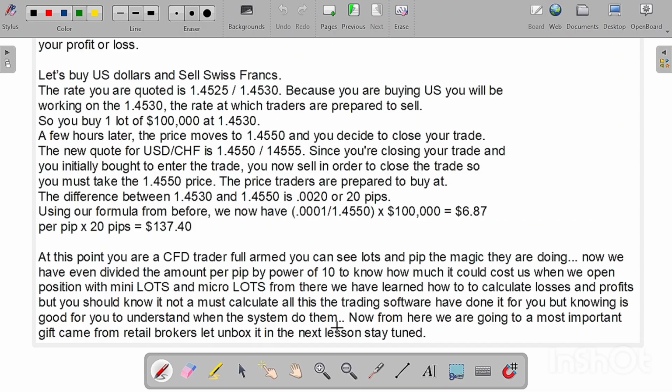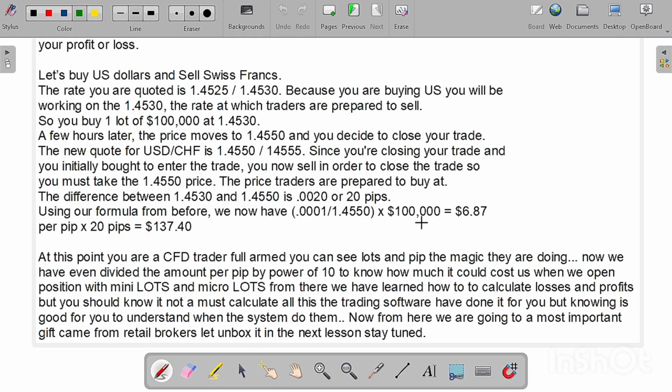Now from here we are going to the most important gift that came from the little brokers. Let's unbox it in the next lesson, and stay tuned. My friend, now we have joined the pips and the lots, and we have seen the magic they can do.